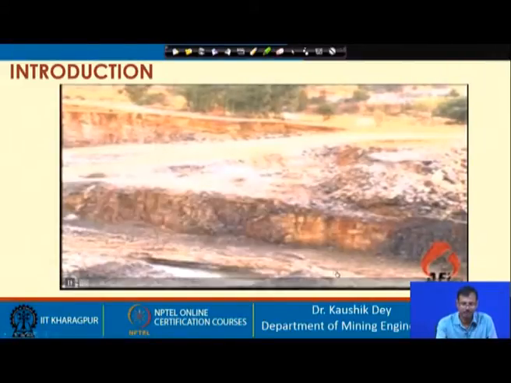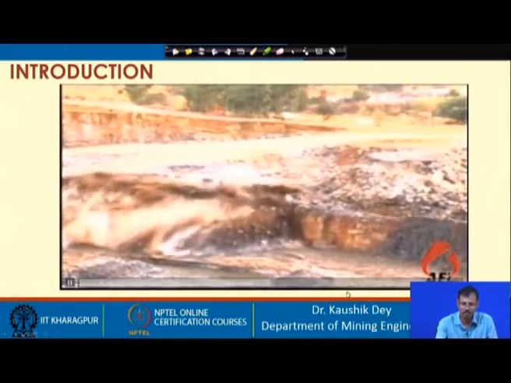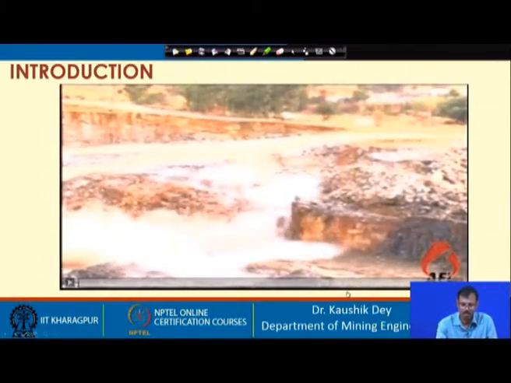So, basically we are using the explosive for exploding the rock mass.